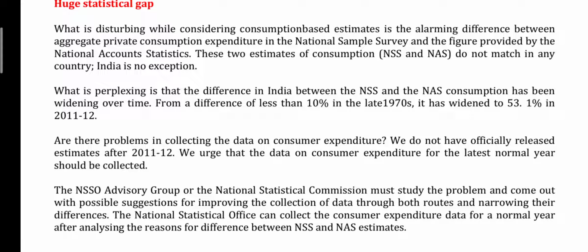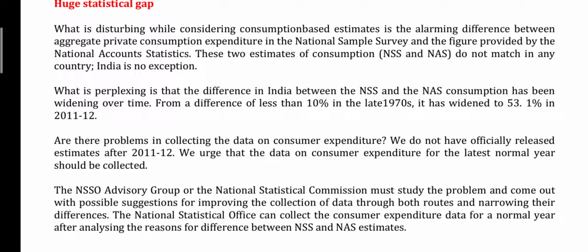India is no exception. What is perplexing is that the difference in India between the NSS and NAS consumption has been widening over time. From a difference of less than 10% in the late 1970s, it has widened to 53% in 2011-12. Are there problems in collecting the data on consumer expenditure?